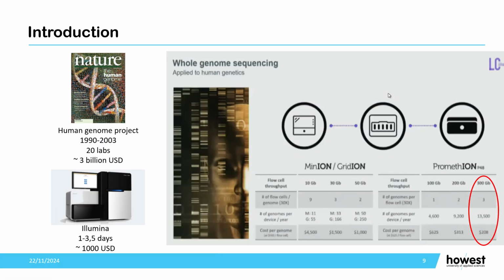And also, just in general, the technology is getting cheaper as well. The Human Genome Project and the first human genome, to put it together, cost 3 billion US dollars. Often nowadays they use Illumina, which costs about 1,000 US dollars for one human genome. And if we check, for example, using Nanopore, about $208 at the time of this recording. So very cheap to basically produce a lot of data.